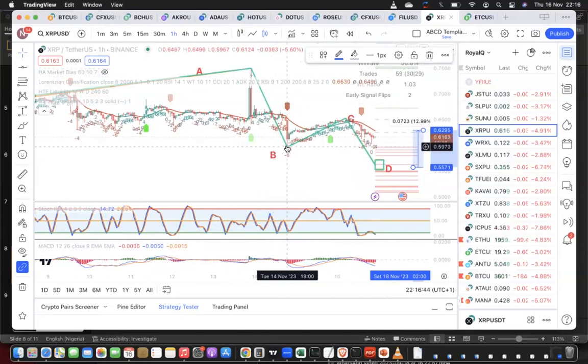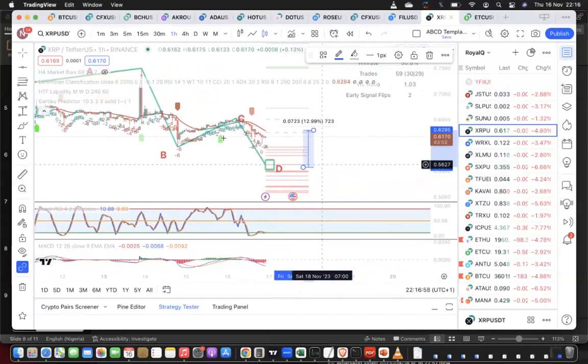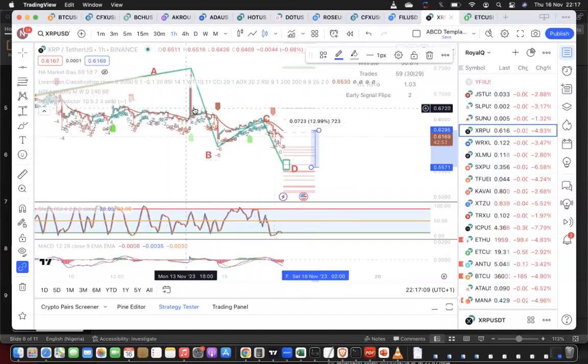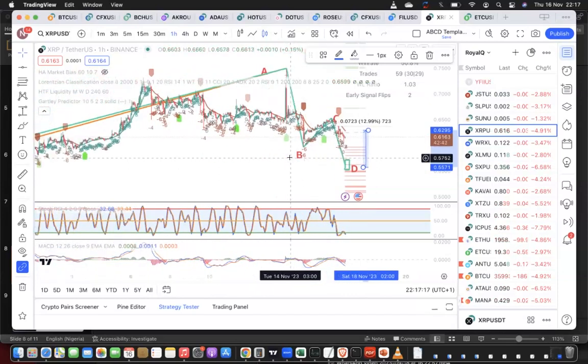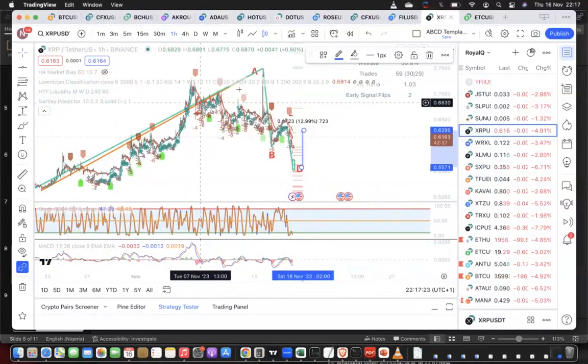Now this is point B. The moment we've seen point B and I see this arrow pointing up, I know that, okay, point C. At point C you were not sure how far to go, but then this is point D. Now, if I see this sign again, anywhere here after point D, I'm going to enter a trade. So using your Lorentzian classification arrows along with the positioning of the Gartley points, you can go into your trades with full chests. Very, very important, after the movement, after the trend.